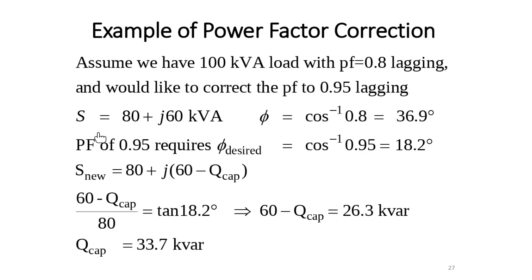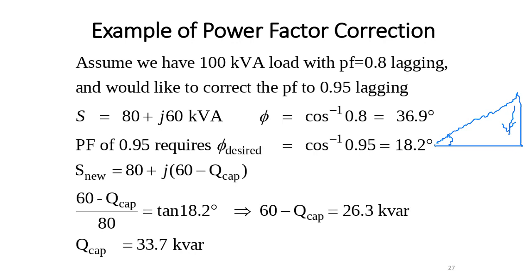So this is 0.95, we already have it in here, so we determine the angle. This angle is 36.9, which is like this. We want to reduce this part down.